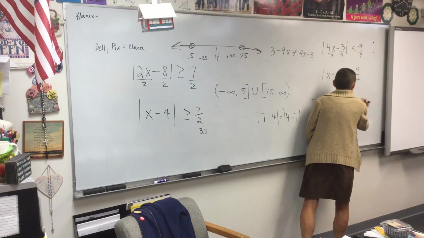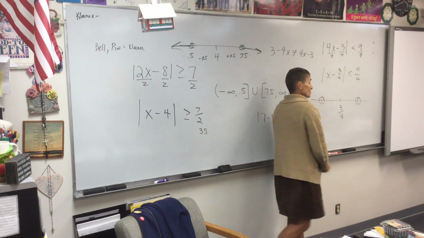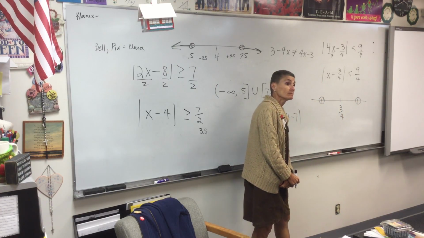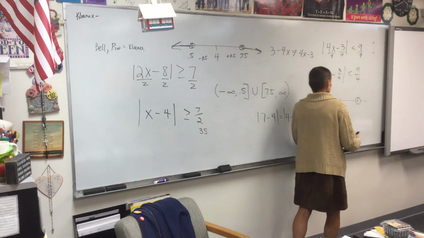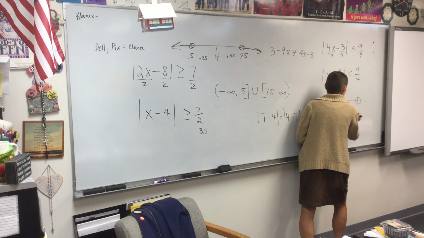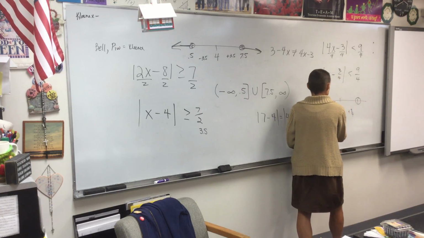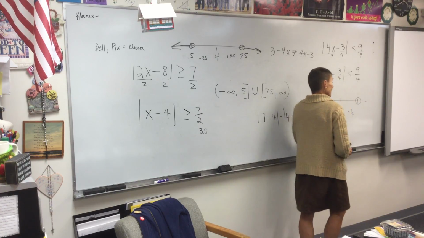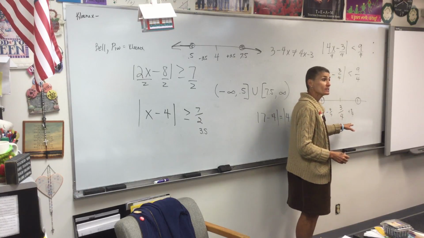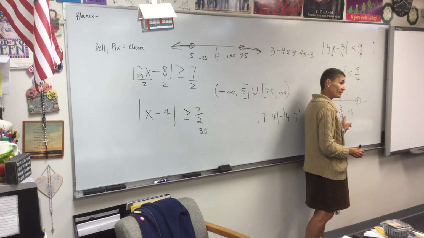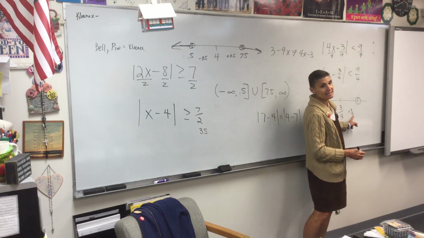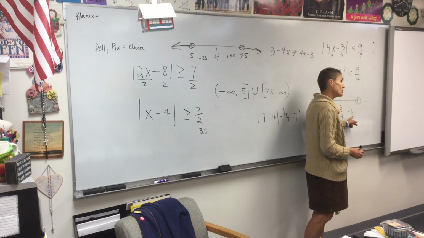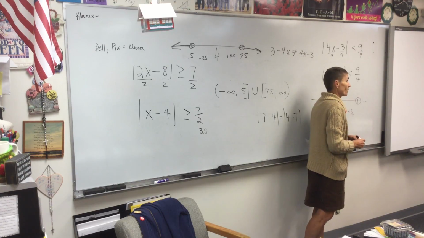Now, I'm going to have 2 dots out here, and this time those dots will be open, right? And to figure out where those dots are, I'm going to add 9/4, and I'm going to subtract 9/4. Now, the reason I left this one as fractions is because these already have a common denominator, so it's going to be easy to add. If you want to change them to decimals, that's great.